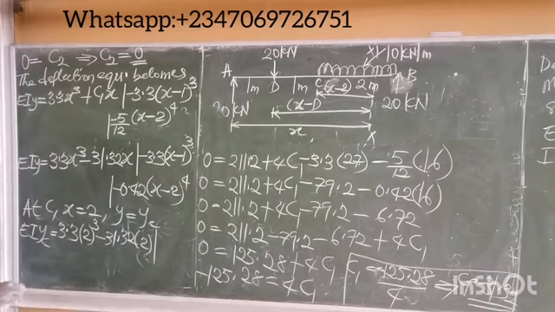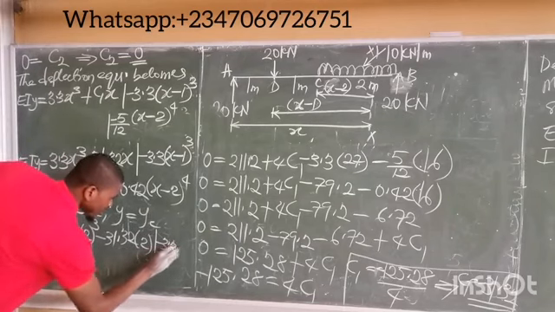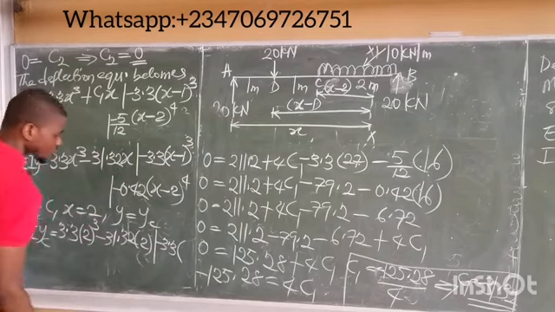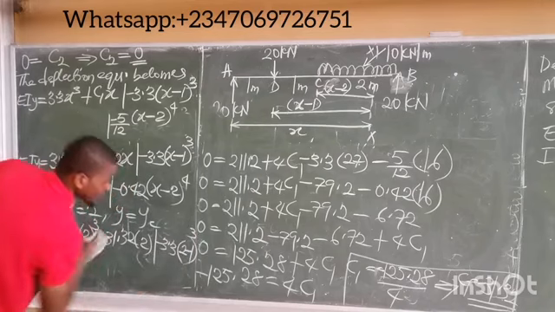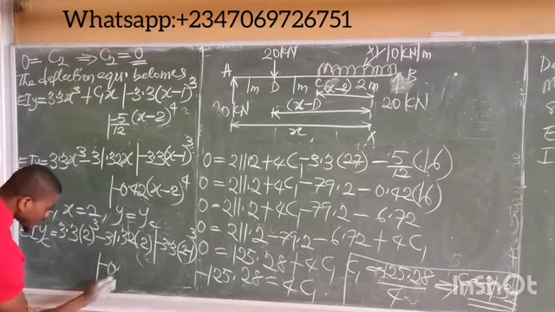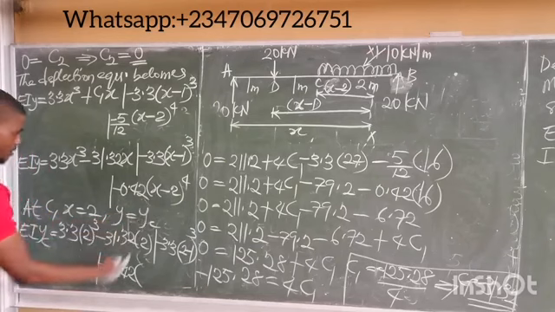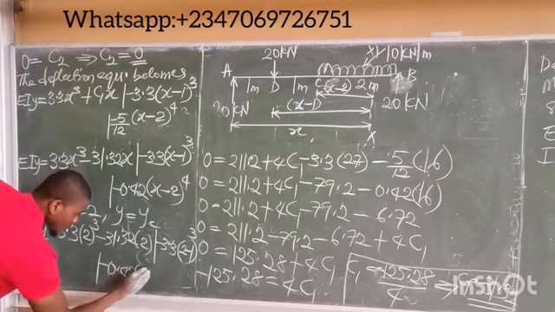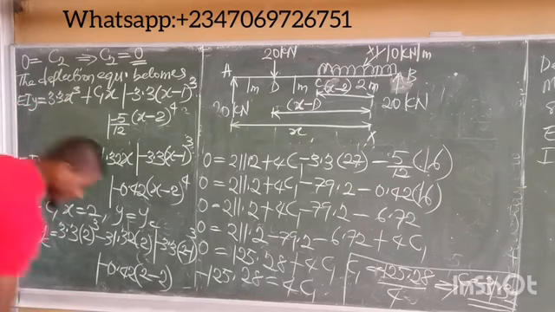Open your Macaulay's bracket. Here we have minus 3.3, in place of x here, x is 2, so it becomes 2 minus 1 all to the power of 3. And finally, the final Macaulay's bracket will have minus 0.42, and x here is 2, so in place of x here, we'll simply put 2 minus 2. So we have this.